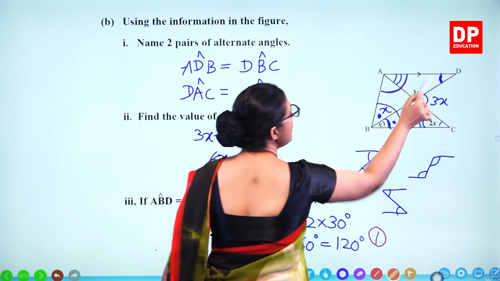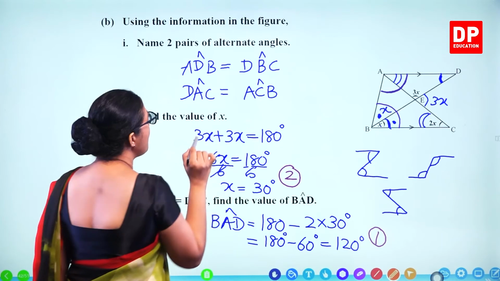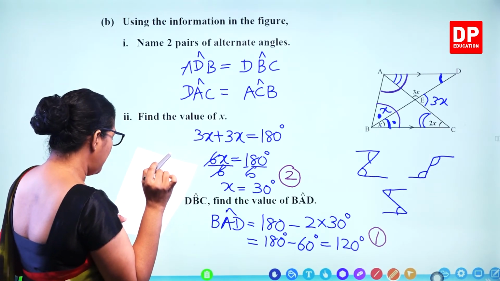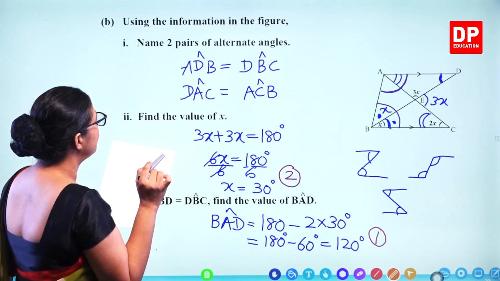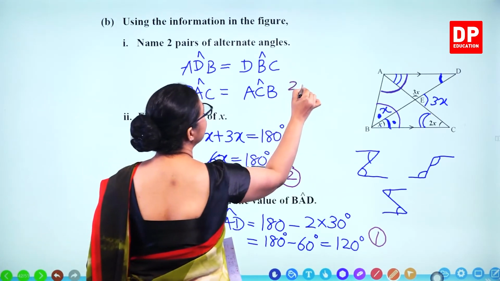That's correct. DBC. That's correct. So 1 mark, and DAC with BCA. That's correct. So 2 marks there.